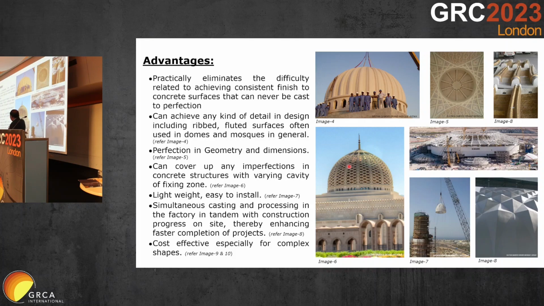By using GRC, you can achieve perfect geometry without any issues, because you do the whole thing in the factory. So you don't have to worry about tolerances, quality issues, or workmanship. You get perfect shapes.